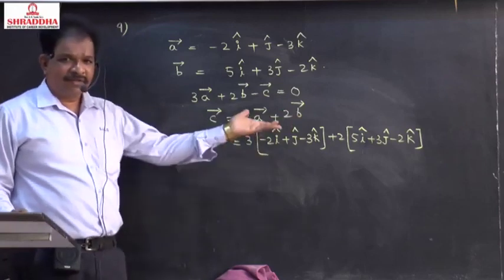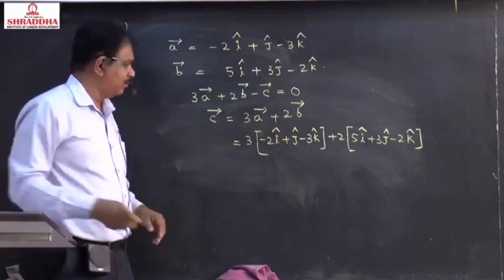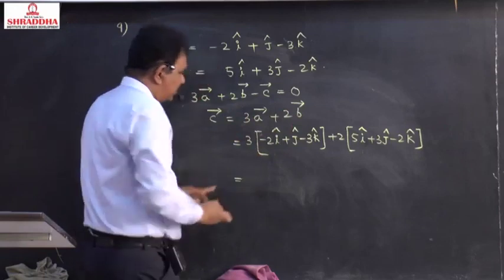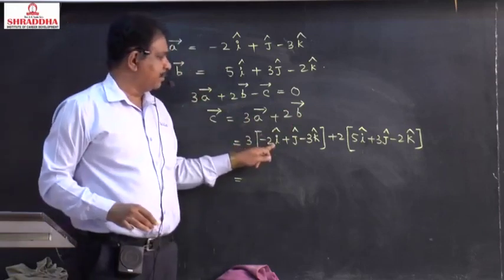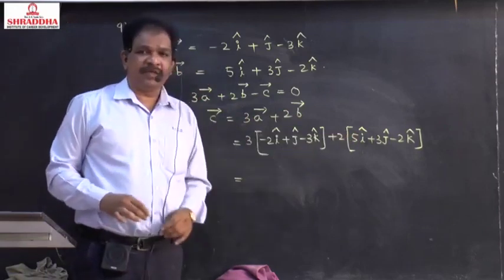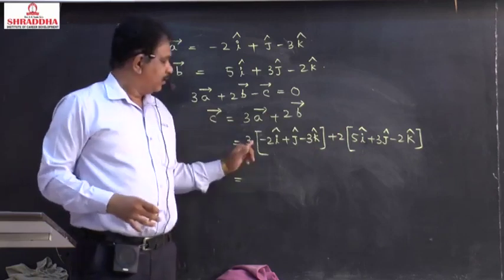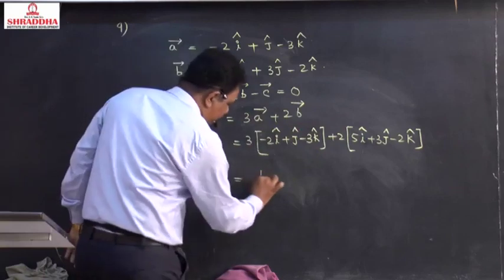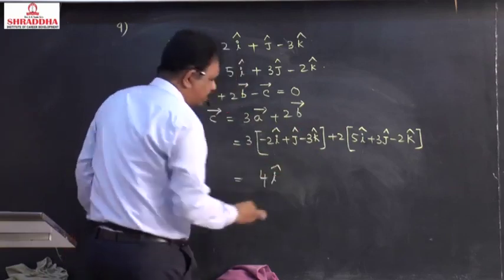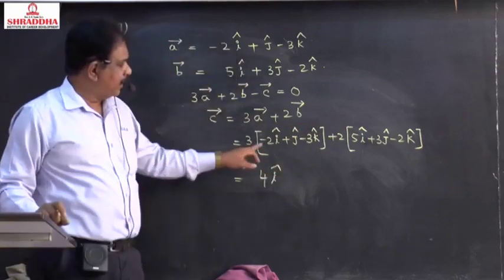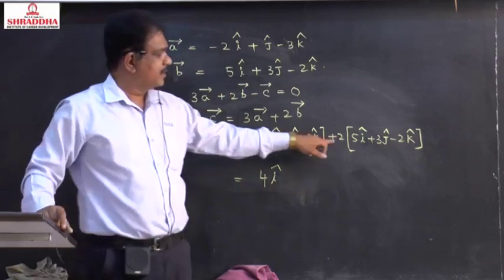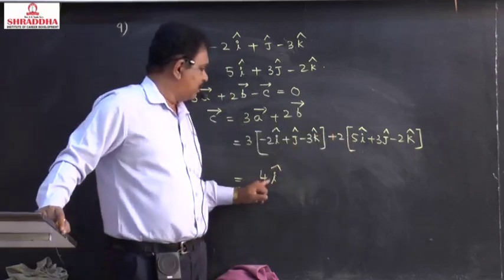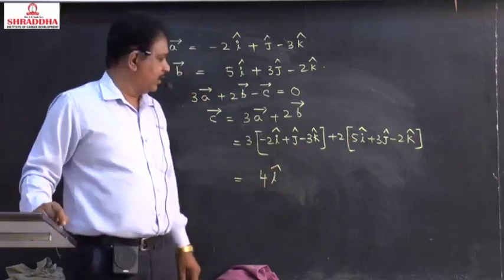Clear? A bar and B bar are substituted. Just addition only. Here what will happen? Minus 6i cap plus 10i cap. Minus 6 plus 10 will be 4i cap. Simple, right? 10 minus 6 will be 4i.